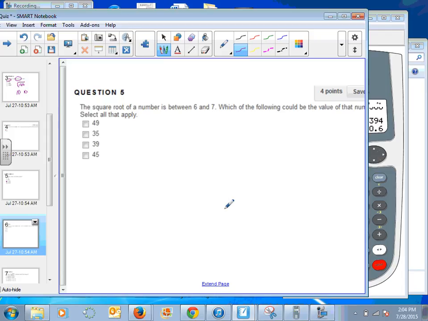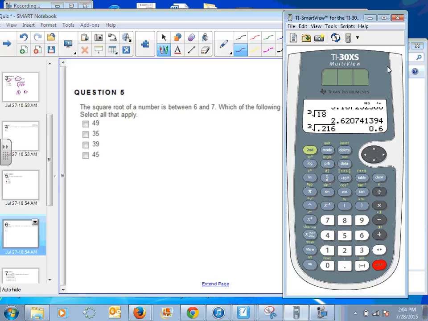The square root of a number is between 6 and 7. Which of the following could be the value of that number? We could go down this list if we needed to. We'll take that first one, the square root of 49. The square root of 49 is going to be 7.